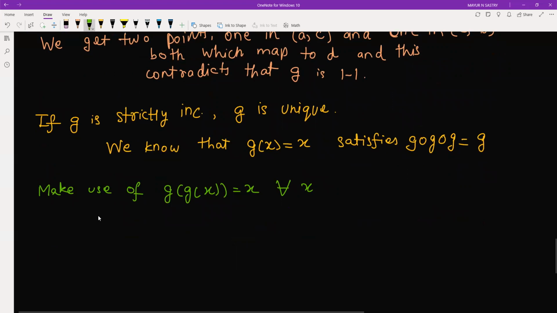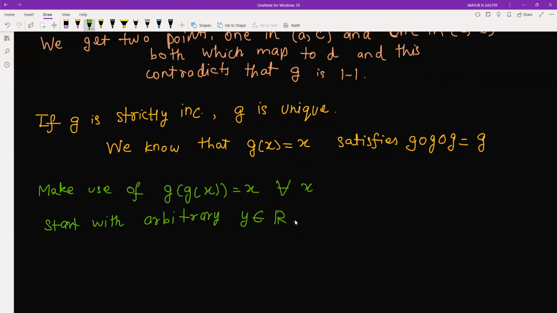So start with an arbitrary y in R, and we want to show that G of y is y.